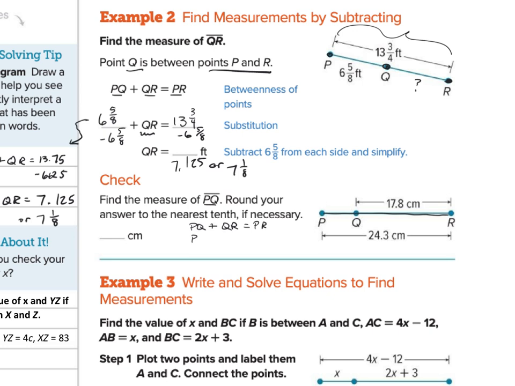I don't know what PQ is, but I know that QR is 17.8, and I know that PR is 24.3. So to find the value of PQ, I subtract 17.8 from both sides, and I understand now that PQ is going to be 6.5. So 6.5 centimeters. It says round to the nearest tenth. It is at the tenth value, so there you go.